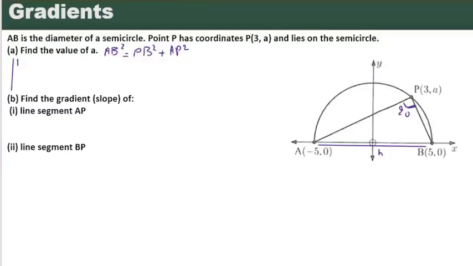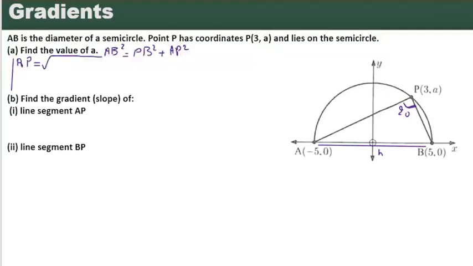AP. We know the distance between 2 points follows the formula that says the square root of the difference of x to the power of 2.